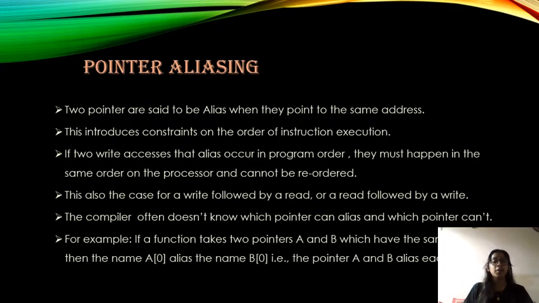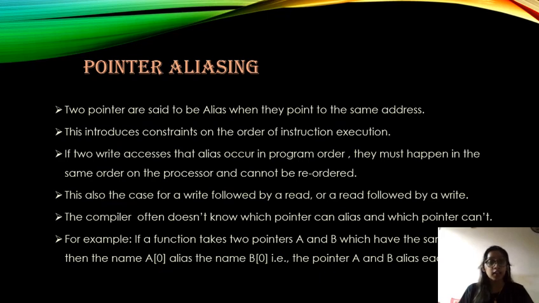Now, coming to pointer aliasing: two pointers are said to be aliases when they point to the same address. This introduces a constraint on the order of instruction execution. If two writes that alias occur in the program order, they must happen in the same order on the processor and cannot be reordered.